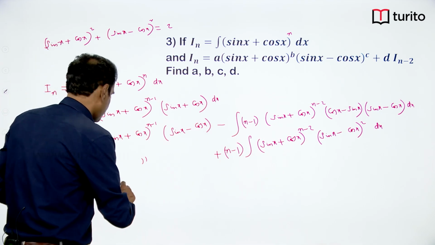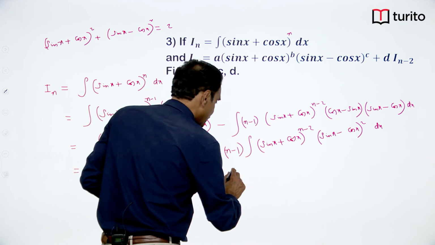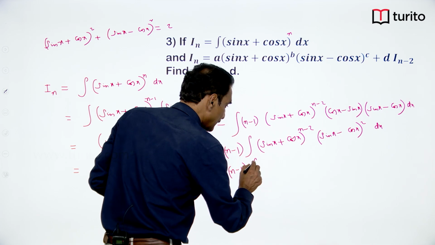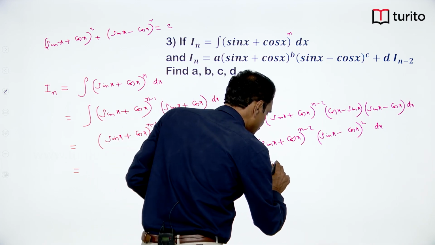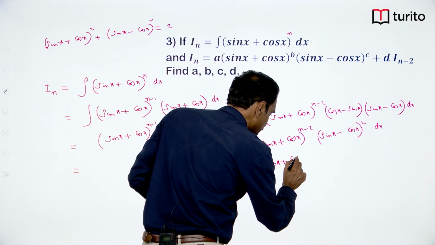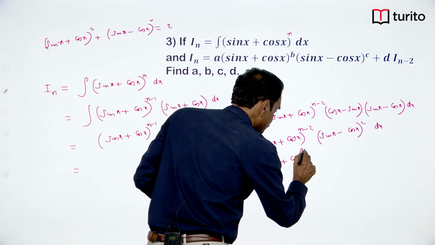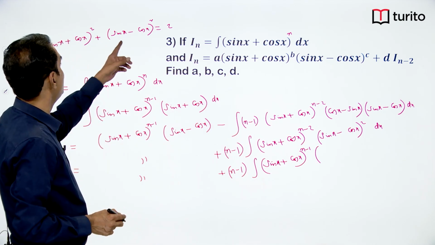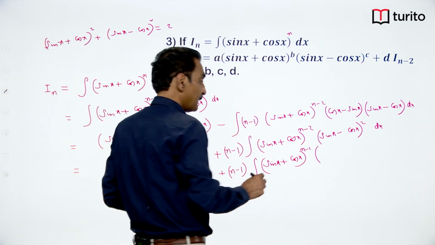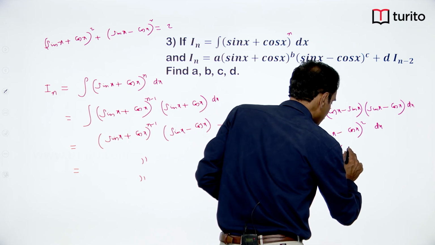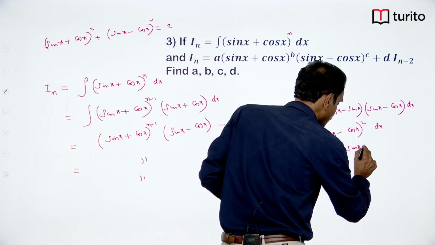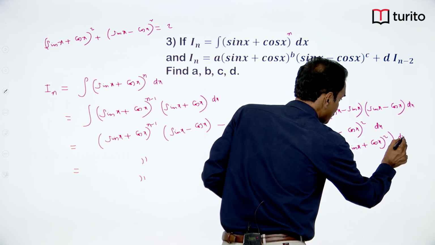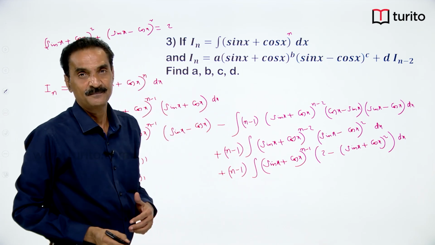So, first term is as it is. In the second term, this into (sin x minus cos x) whole square is 2 minus (sin x plus cos x) whole square.